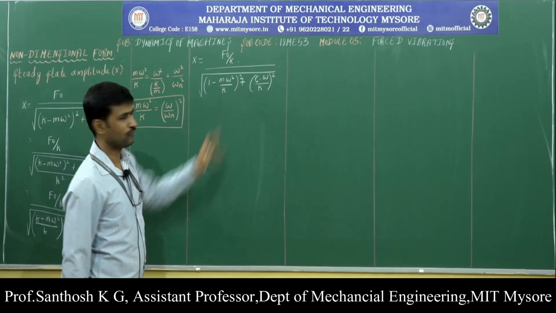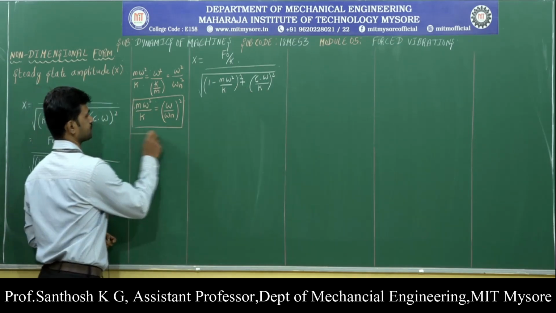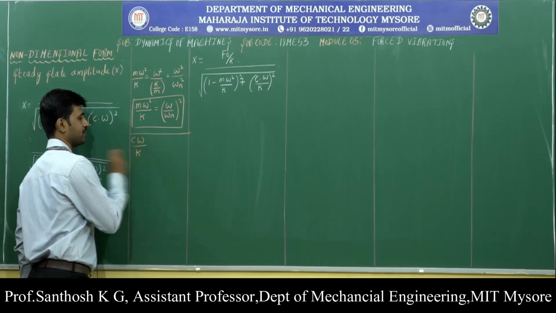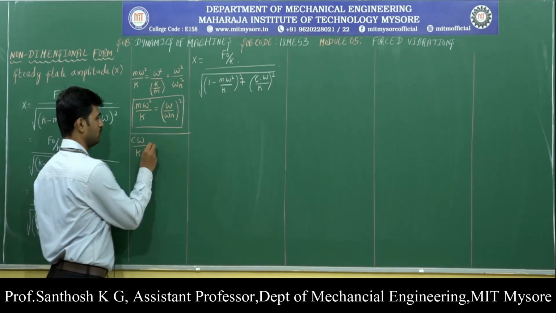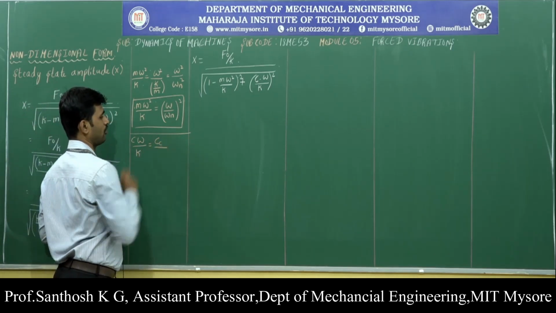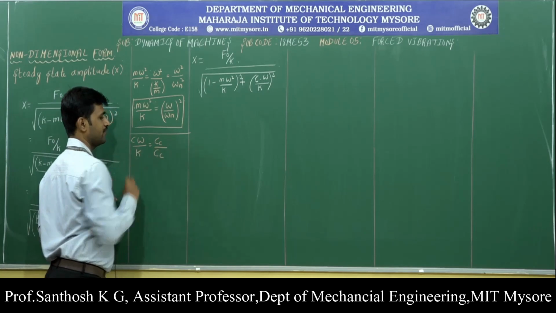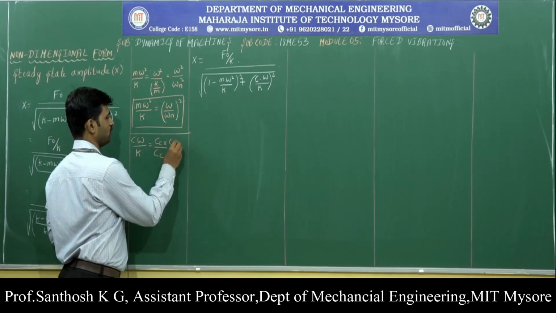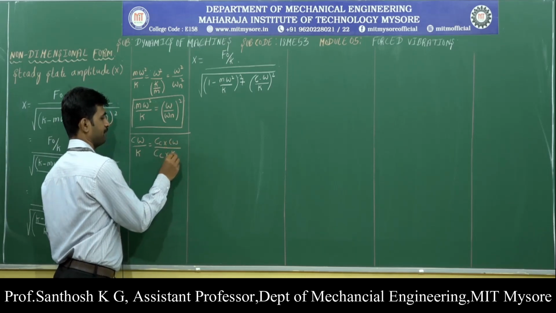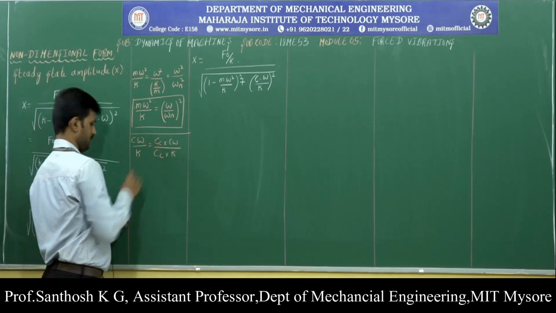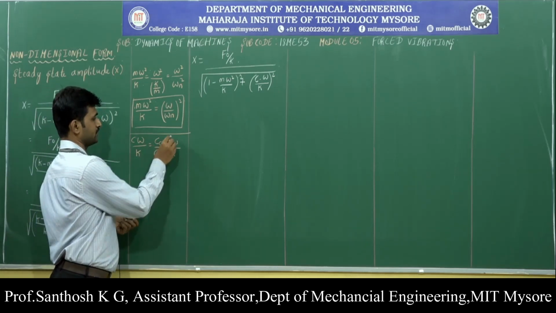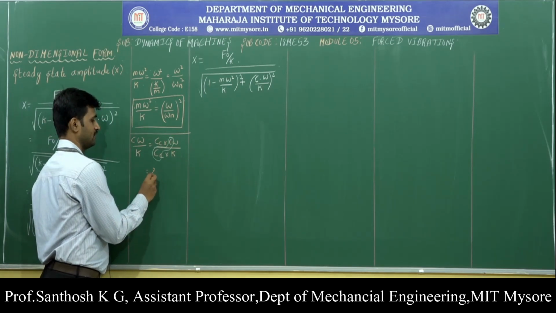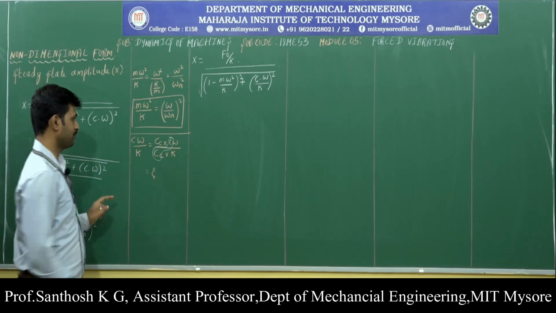Then we have one more term, which is c omega divided by k. To simplify this, I will multiply the numerator and denominator by the term cc. So here, in place of c by cc, I can write the term zeta.